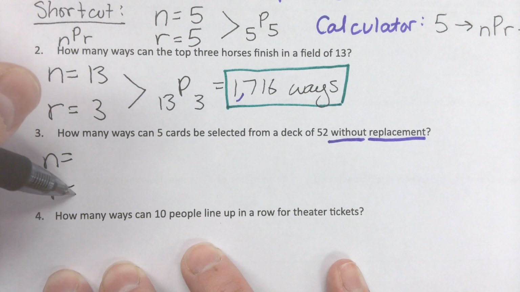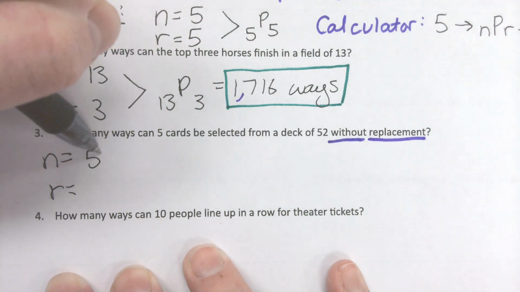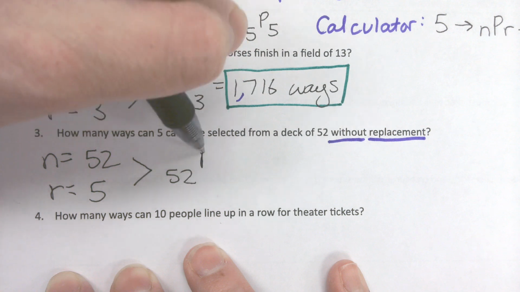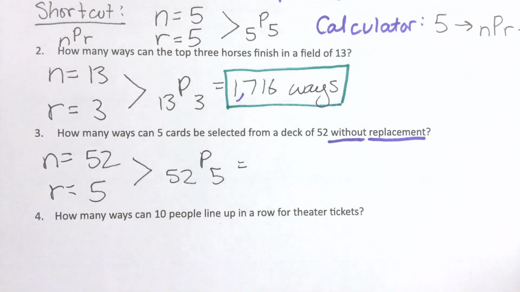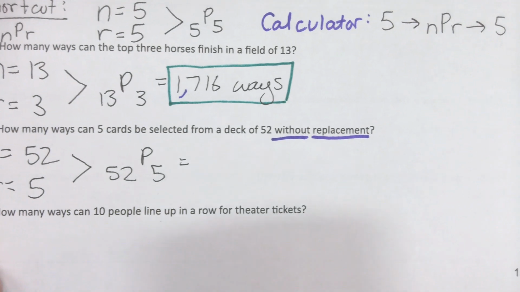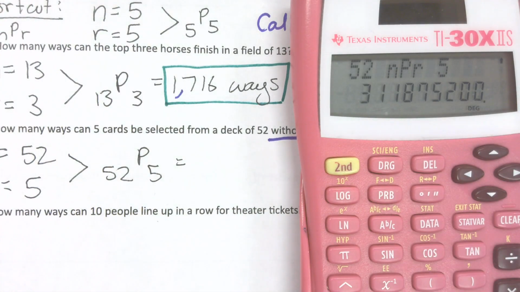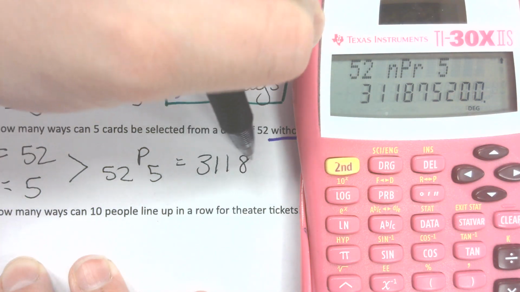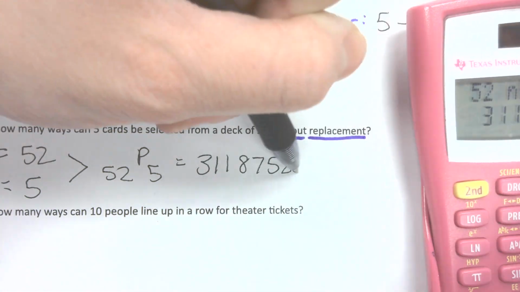N and R. There are 52 cards, and we are picking 5. 52P5. Calculator to get that answer. This number is quite large. Remember, you will get some large numbers in this unit. 311,875,200.